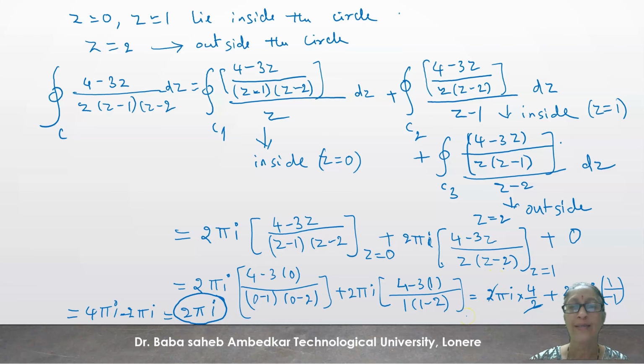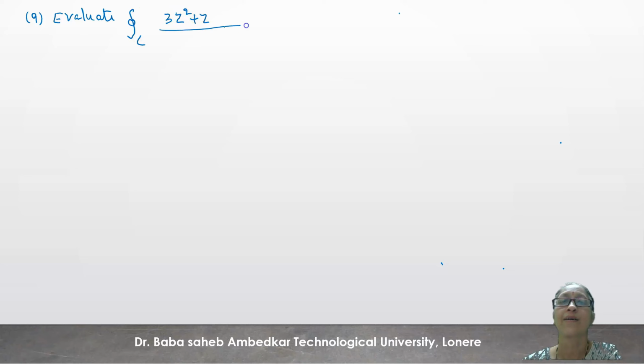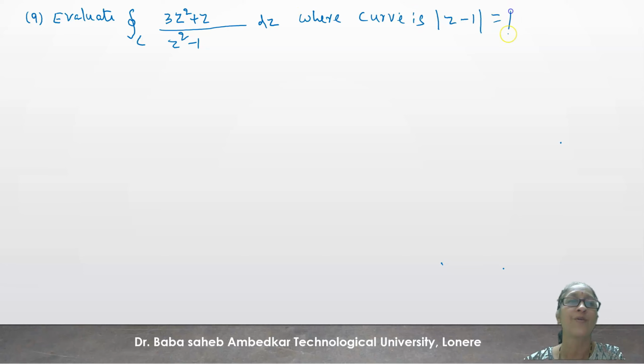Okay, so let us see the ninth question. Ninth question is evaluate the contour integral of (3z square plus z) upon (z square minus 1) dz, where the curve is mod of z minus 1 equal to 1.